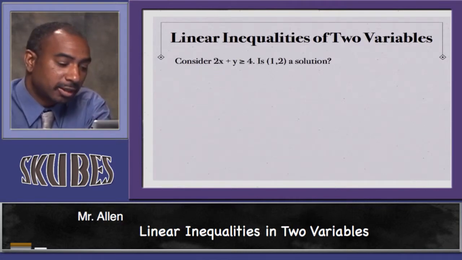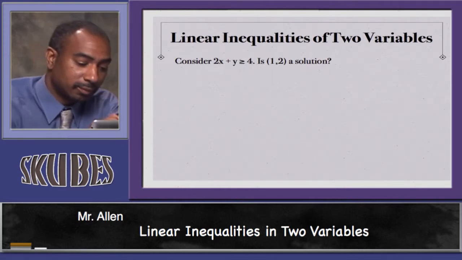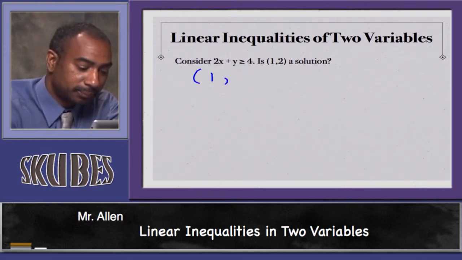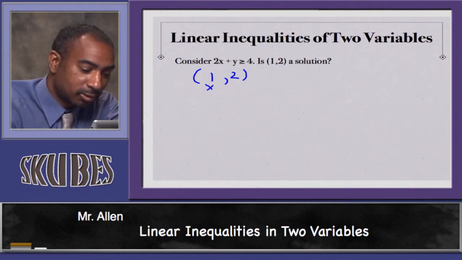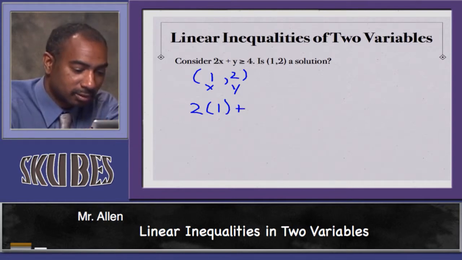All right, consider the inequality 2x plus y is greater than or equal to 4. Is the ordered pair 1, 2 a solution? Okay, so x is 1, y is 2. So you have 2 times 1 plus 2 is greater than or equal to 4.